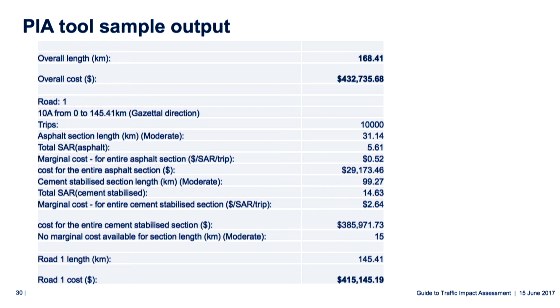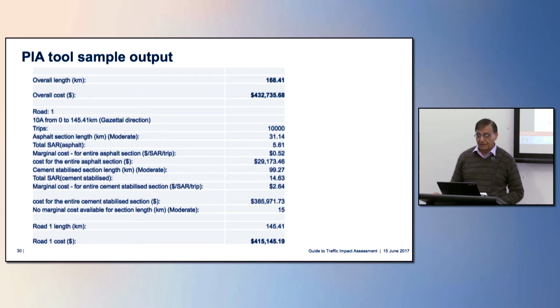For example, now from 0 to 145 kilometer, 10A, there is 10,000 trips, asphalt section 31.14 kilometer. The marginal cost, the SAR, which comes from the database, for asphalt is 5.61, and now the marginal cost, which is $ per SAR per trip, that's also from our TMR database, for each road segment.